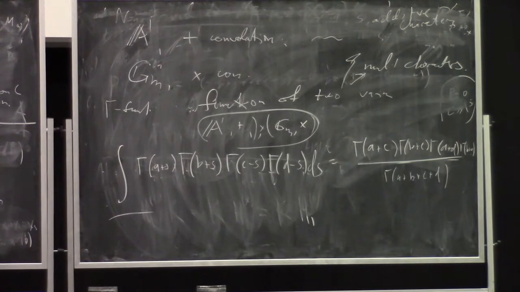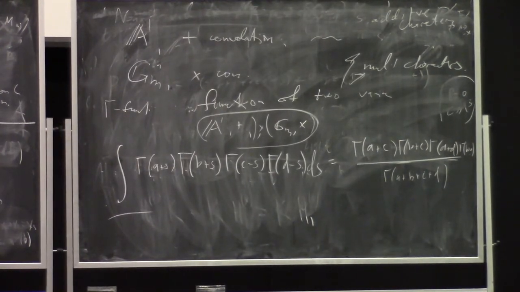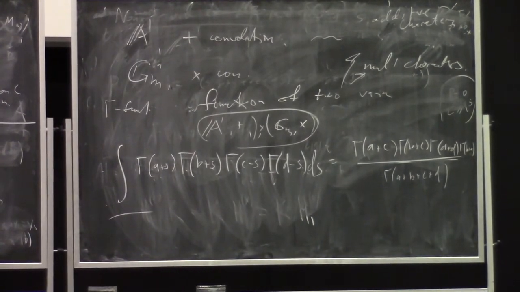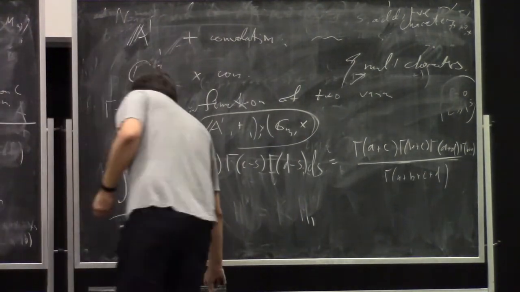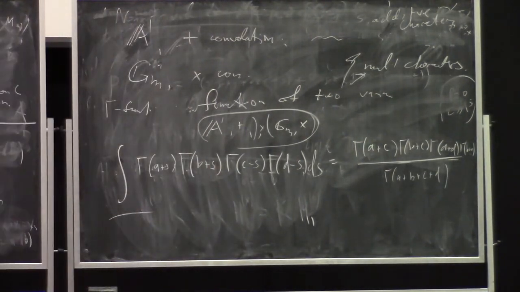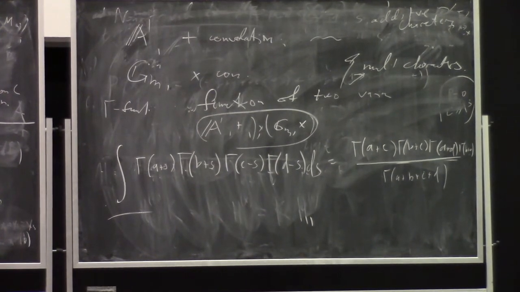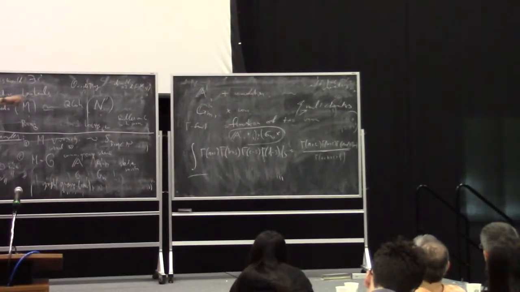Which can be thought of as an identity between some kind of transcendental stuff, and such a thing one can in a sense prove purely algebro-geometrically.